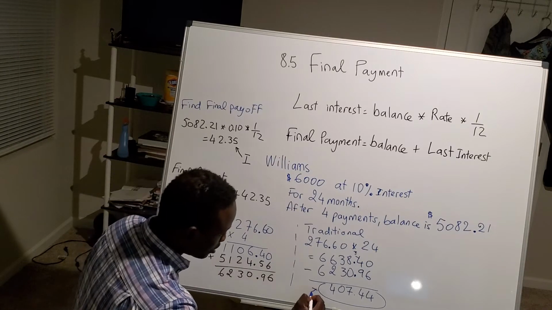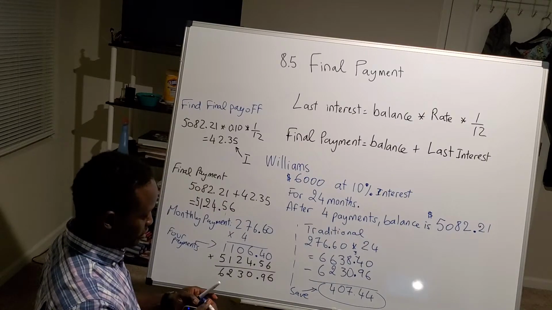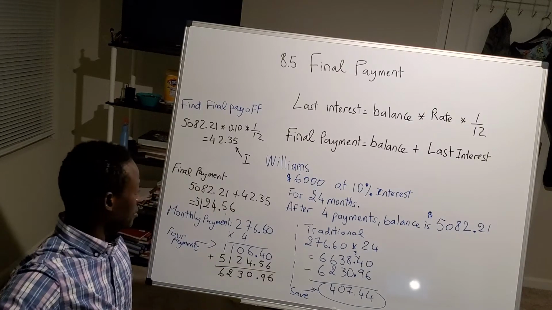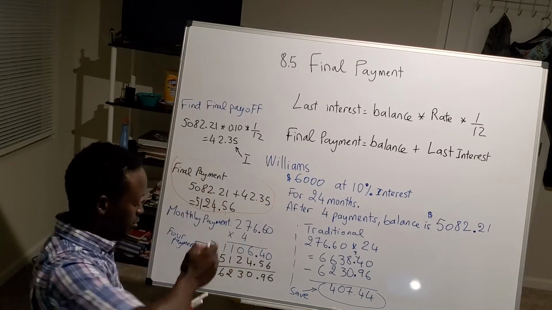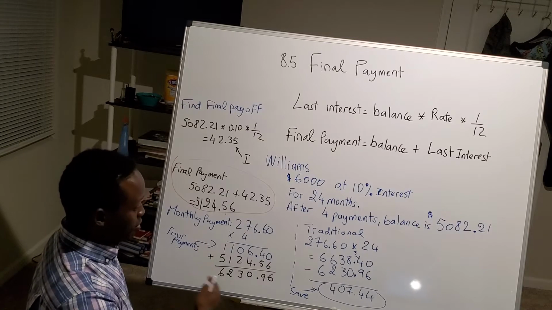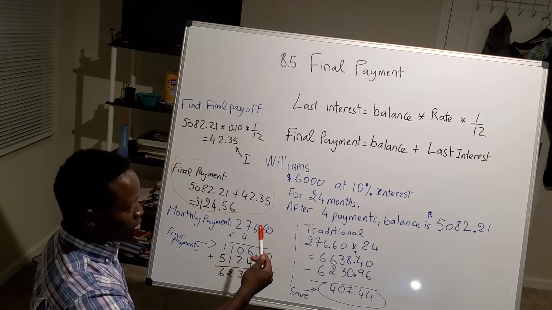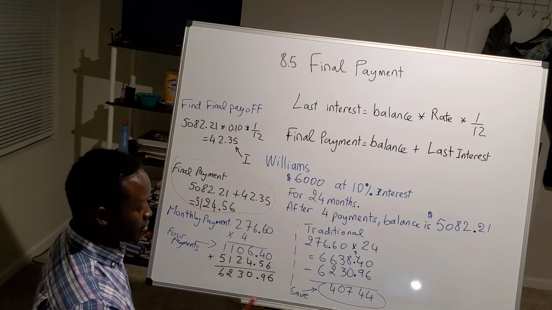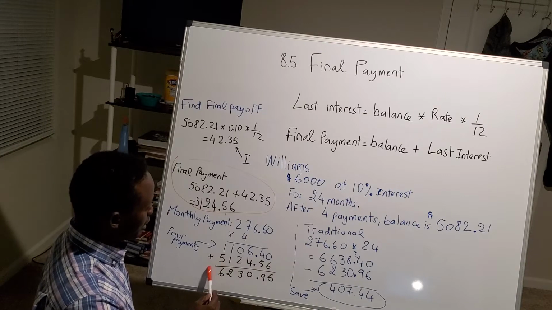So I'm going to put save. But if they ask you just for the final payoff, this is all you have to do. Now if they ask you how much you would save, you have to do all of this. You do the first 4 payments, or 6 payments, or 7 or 20 payments, then add it to the payoff.